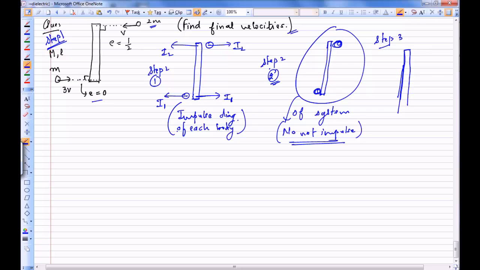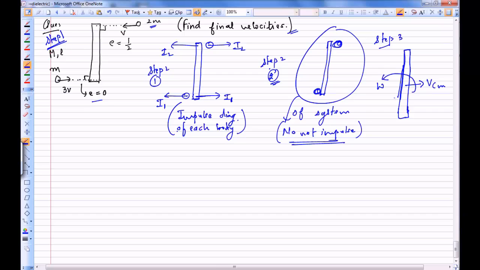So let us assume the velocity of the center of mass of the rod just after collision is, say, VCM, and it also starts rotating, suppose, in the anti-clockwise direction with some angular velocity omega. So it's just an assumption.